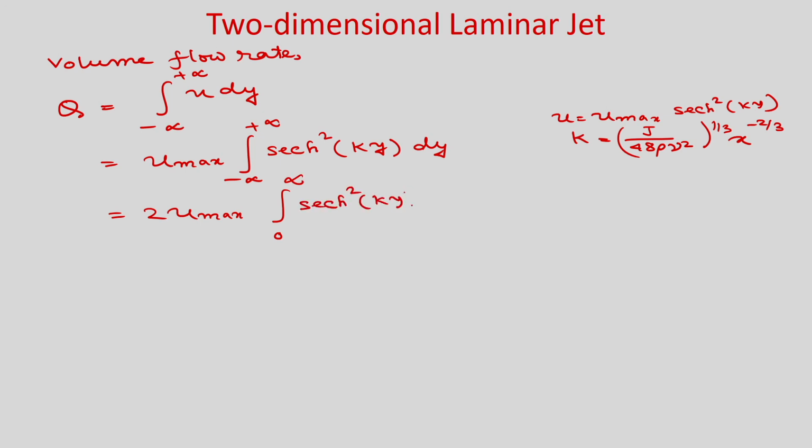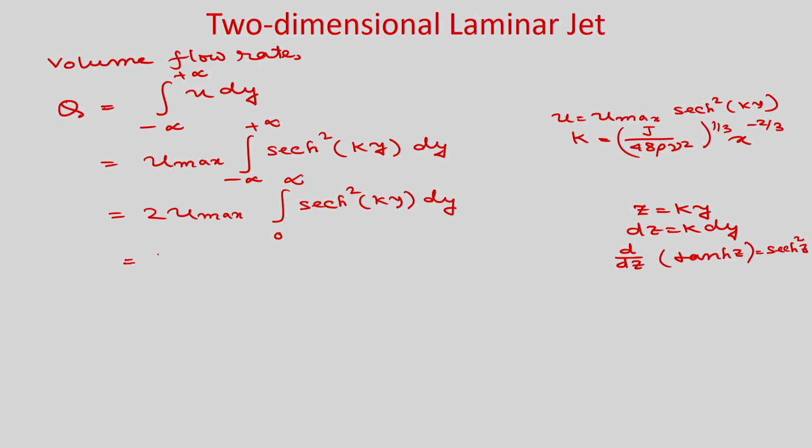sech square k y dy. Now, we can write z is equal to k y, so dz will become k dy. And we can write d by dz of tanh z, which is nothing but sech square z.